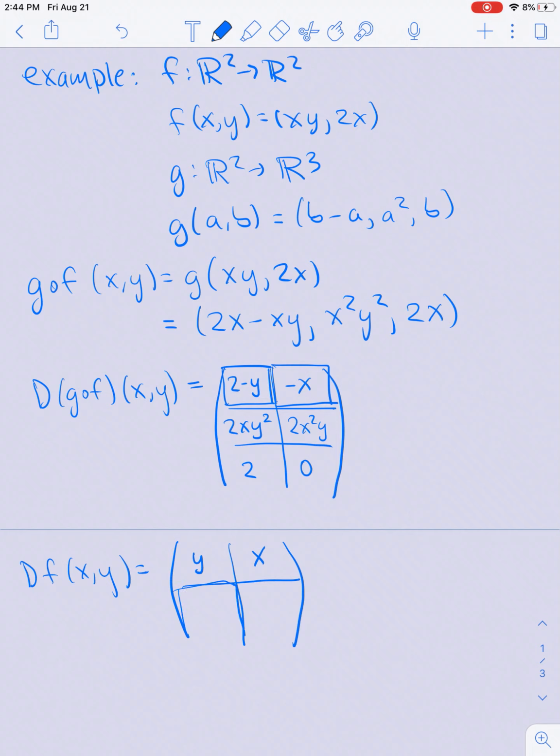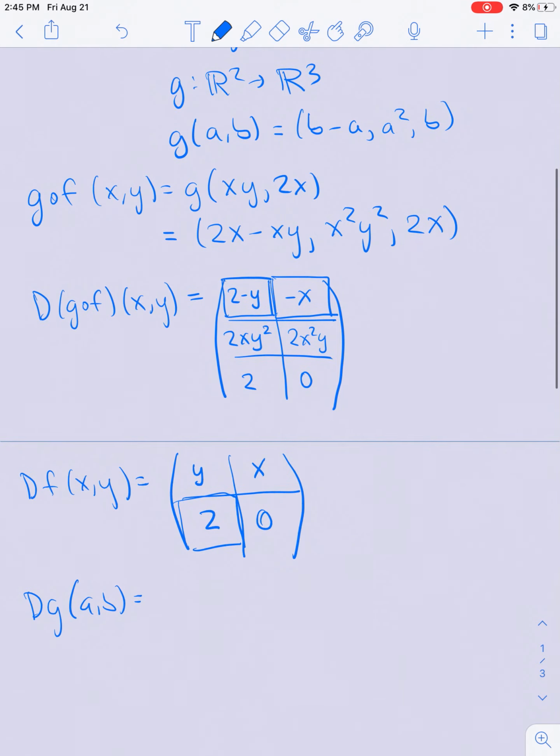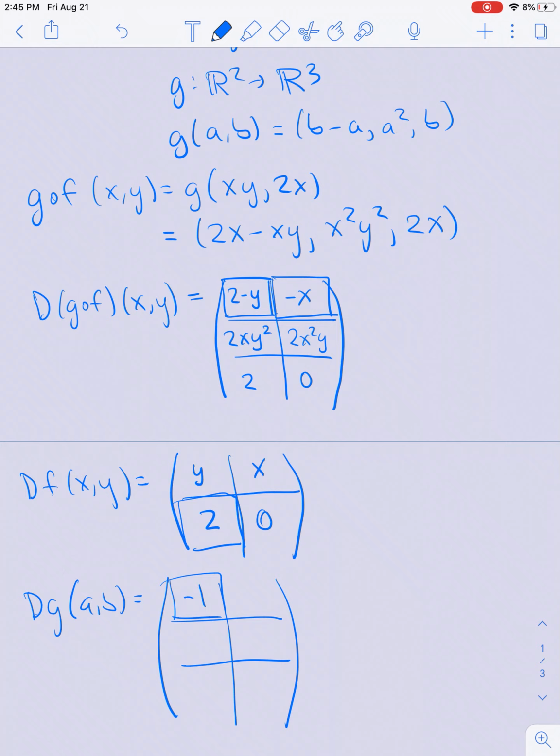Here in the lower left, I'll have the derivative of the second function with respect to the first variable, and then the second function with respect to the second variable. dg at (a, b), now this one is going to be 3 by 2. So here, I'm going to have the derivative of the first function with respect to the first variable, first function with respect to second, second function with respect to first, second function with respect to second, third function with respect to first, and third function with respect to second.